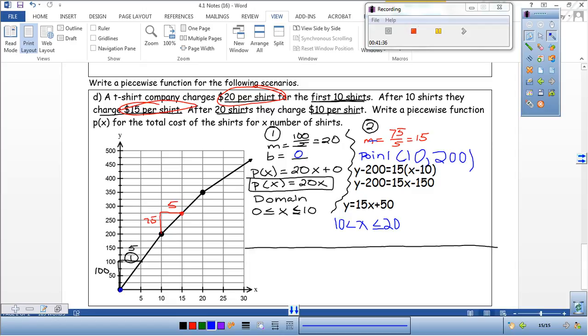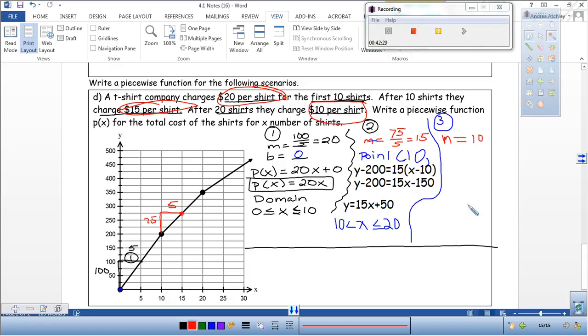Any questions over that? Okay, so let's do number 3 now, the last one I want to do for this problem. Okay, again, your slope should be right here. Your slope is $10, right? Frankie, are you with me? Okay.